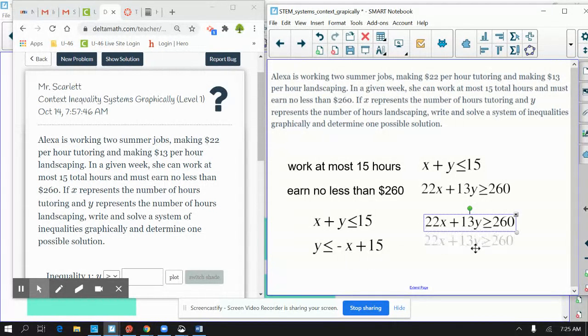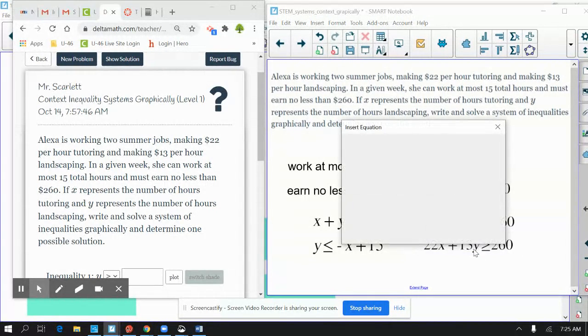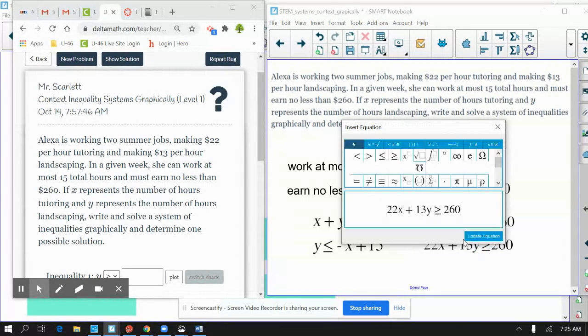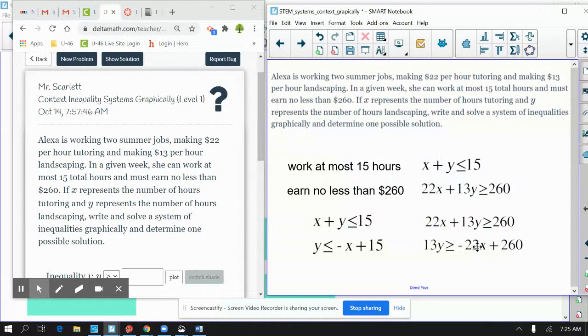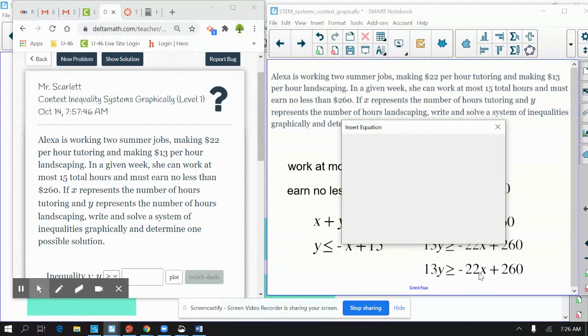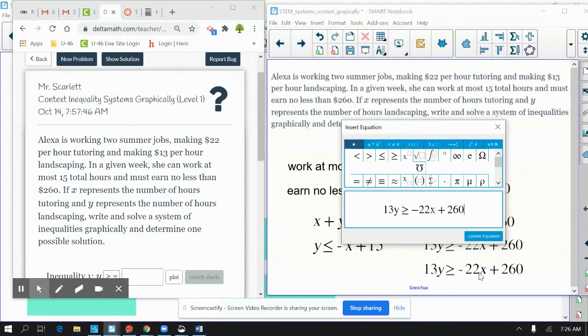For here, I have to do two things. I got to subtract 22x, and then I have to divide by 13. And then dividing this by 13, I need my handy dandy calculator. 22 divided by 13, they don't go into each other evenly.